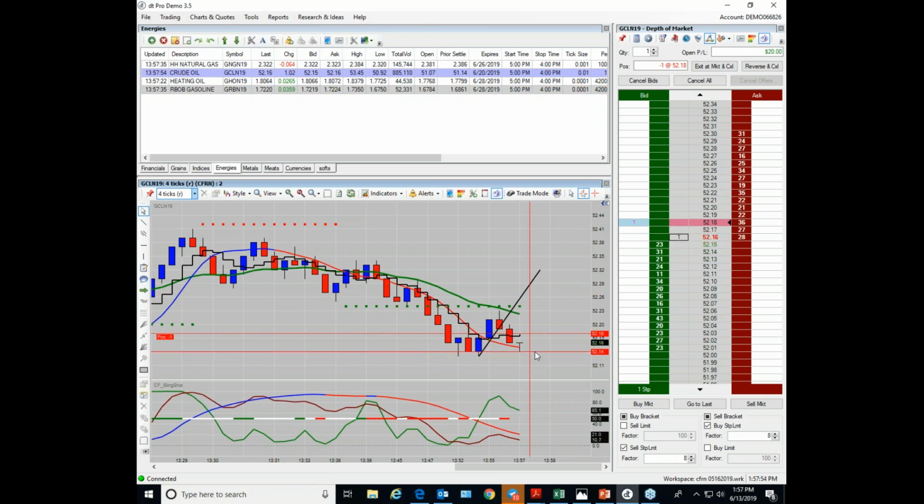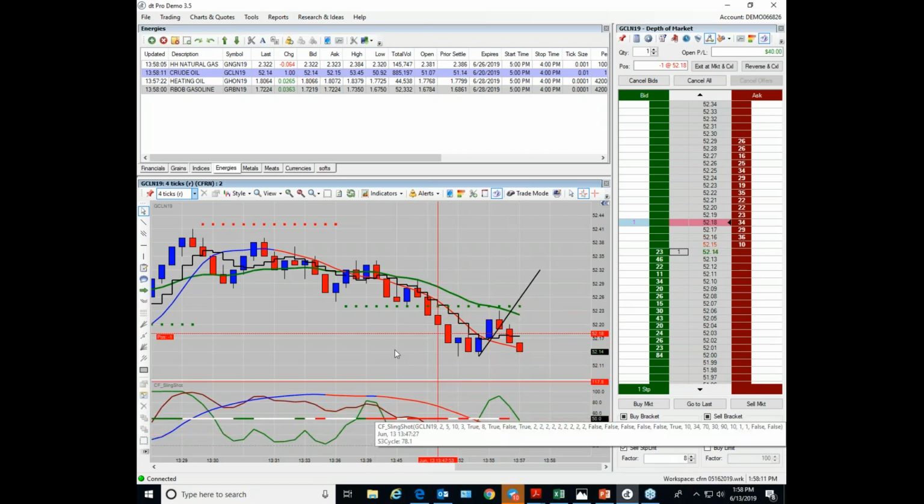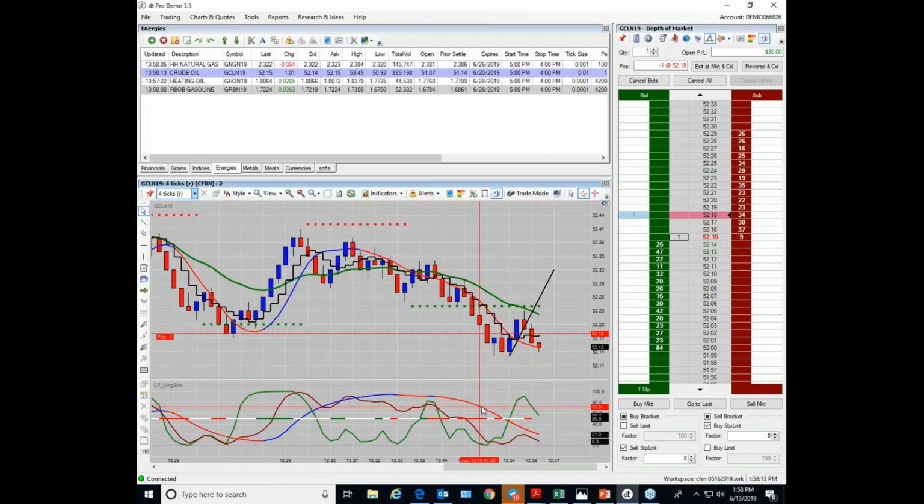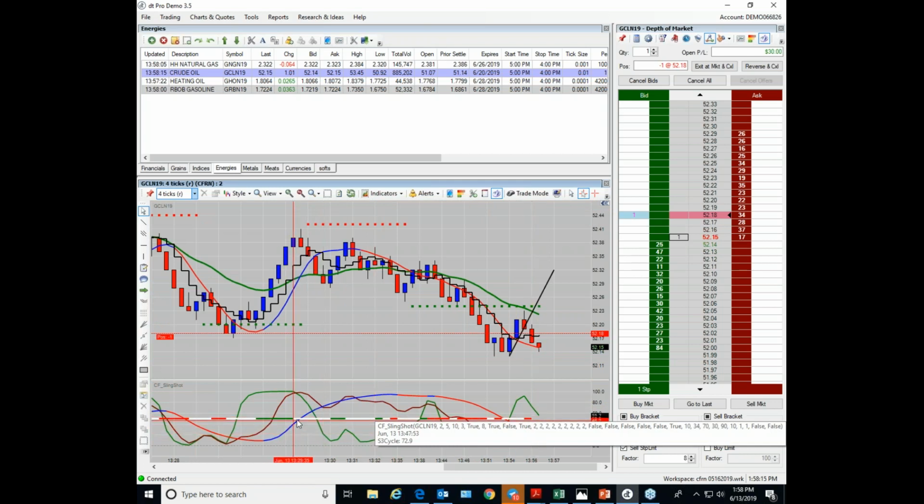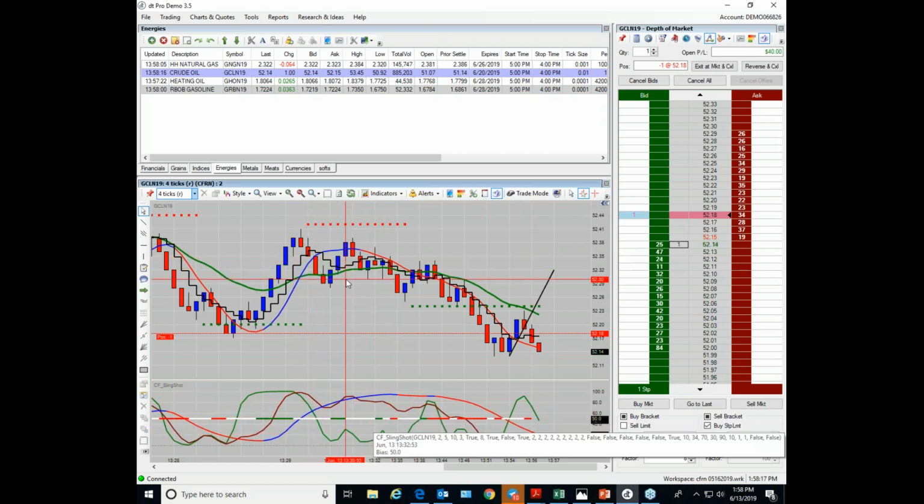We got down to 14. That's 4 ticks in our favor. The stop is right here at our entry. So we'll see. Like I said, what was good about this is I liked the slope of that. Okay, that's what I like, slope. And we talked about slope: good, flat, no.